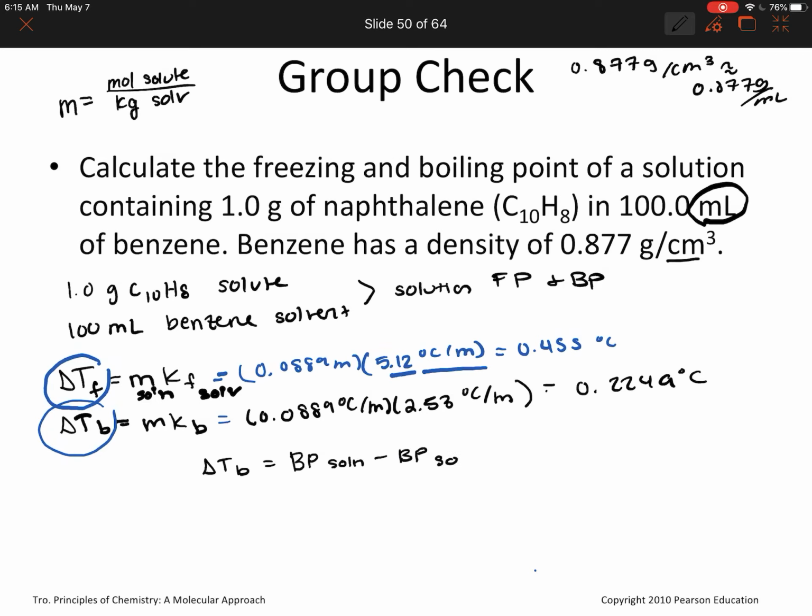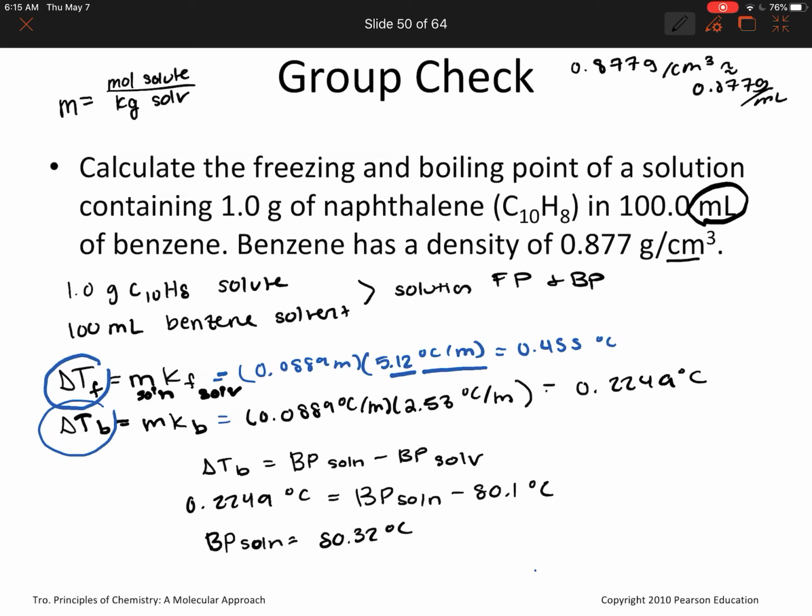Now again, this is my delta TB, my elevation. Well, if I remember correctly, the elevated temperature comes from the boiling point of solution minus the boiling point of solvent. So I solved for my elevation. I need the solution, that's what I'm solving for, so I have to figure out the solvent. So I have to look it up. Well, the boiling point of benzene is 80.1 degrees Celsius.